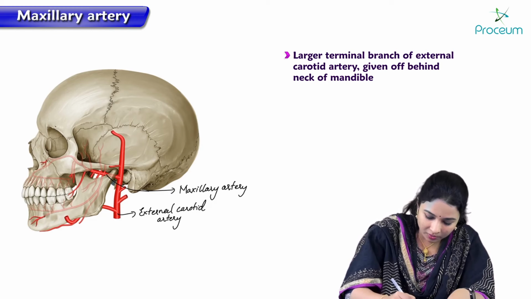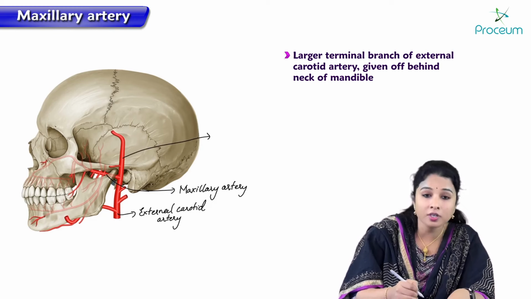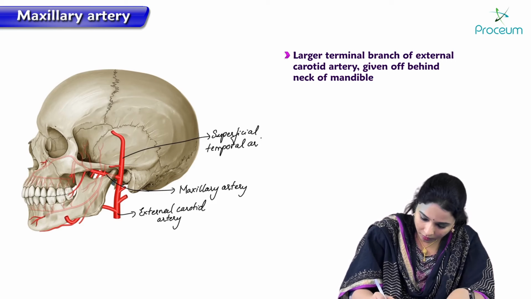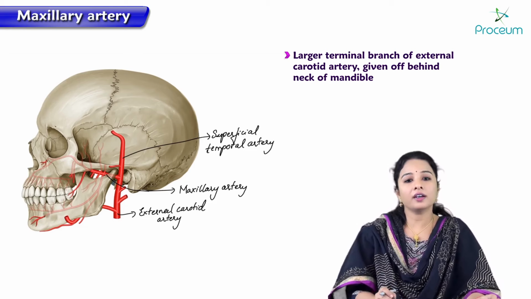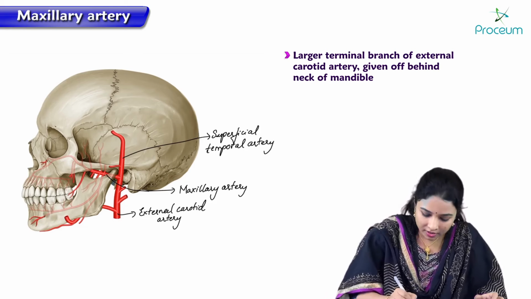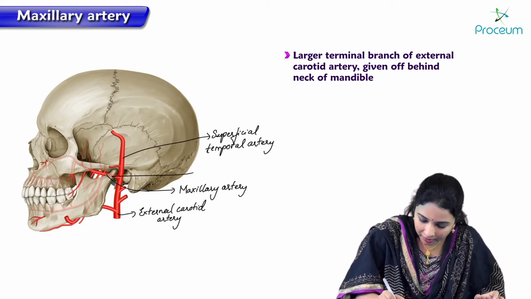And the other branch which is vertical continuation of it is superficial temporal artery. So maxillary artery is the terminal branch of external carotid artery. We can see it is given off at the neck of mandible.